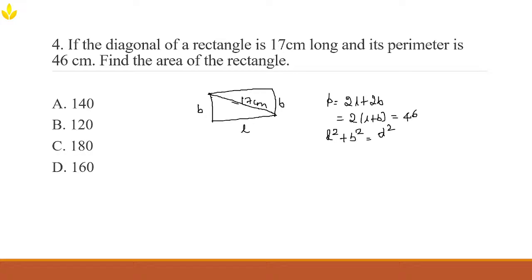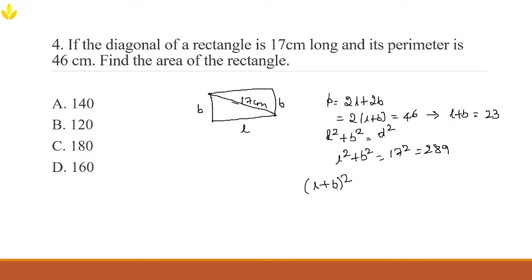If we solve this, we get that L square plus B square will be equal to 17 square, that is nothing but 289. And we can take length plus breadth is equal to 46 divided by 2, that is 23. We already know the formula of (a plus b) whole square.